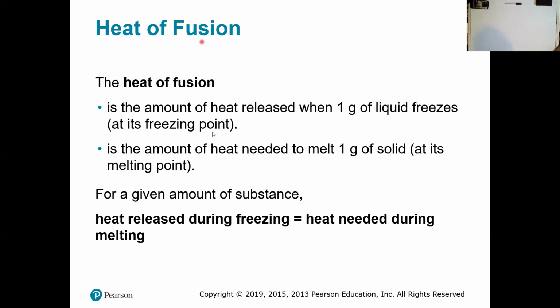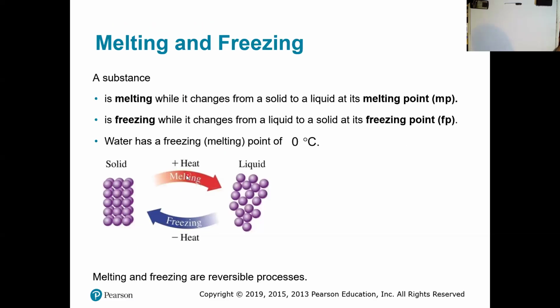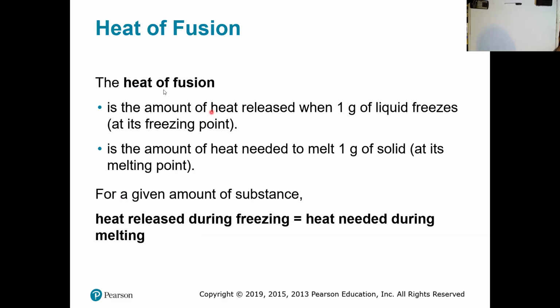And the heat of fusion describes, if I go back one slide, the amount of heat that's needed for this change to happen. If you have a solid and you add some heat to it, it turns into a liquid. Well, the amount of heat that you need for the solid to turn into the liquid is called the heat of fusion. So it's the amount of heat that's needed to melt 1 gram of solid into a liquid at the melting point.